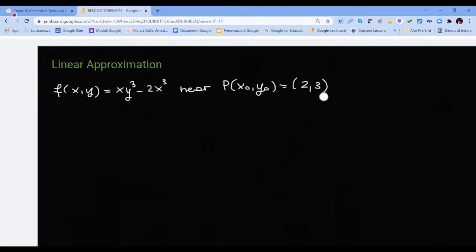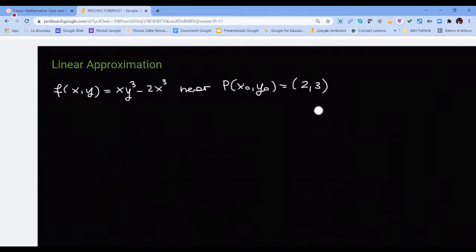That means we should compute the form that the function can have near this point.